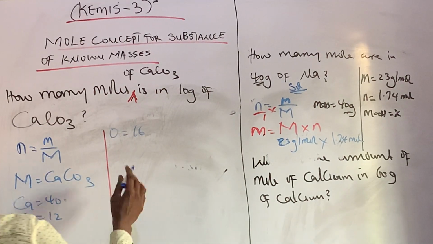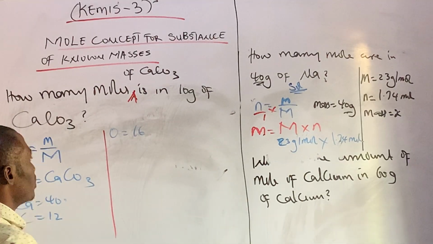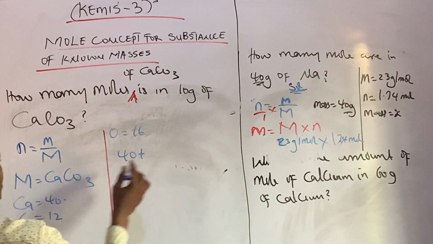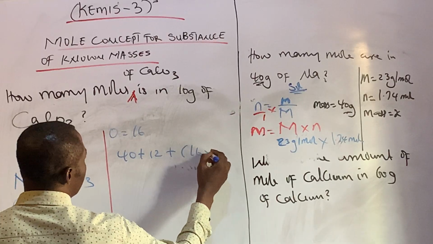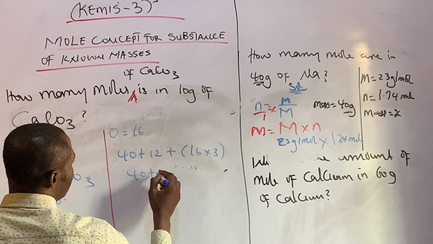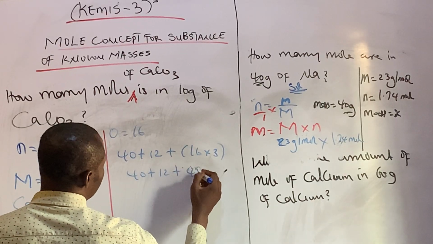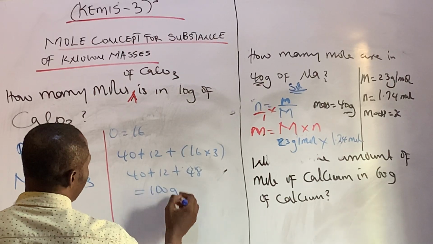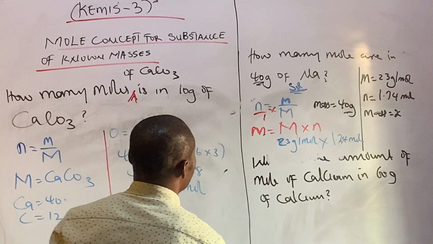The composition of this compound contains 40, which is from calcium, carbon 12, and oxygen is 16 times 3. So this is 40 plus 12 plus 16 times 3, that is 48. If you add all these, it's going to give you 100 gram per mole. Now, having said that, we move to the next thing.